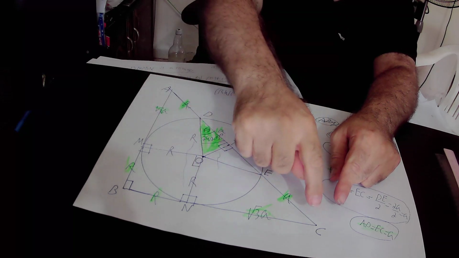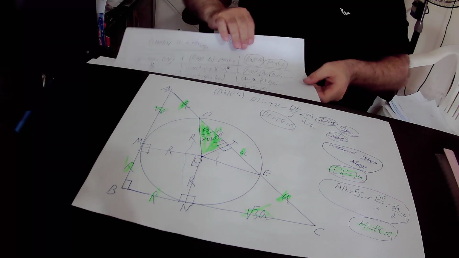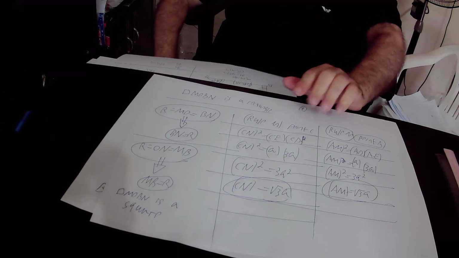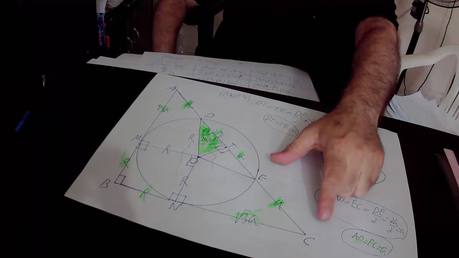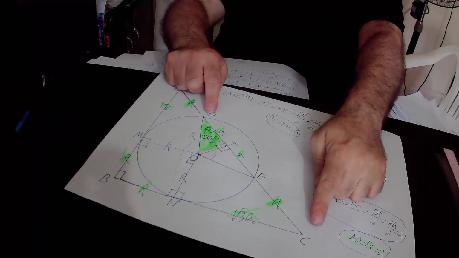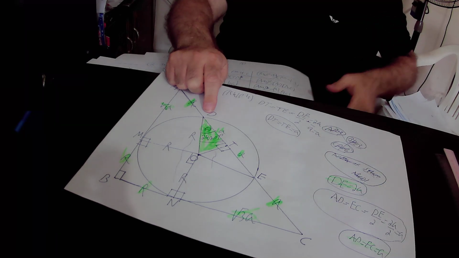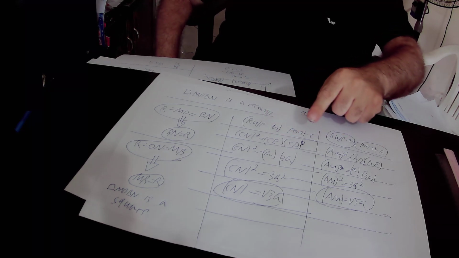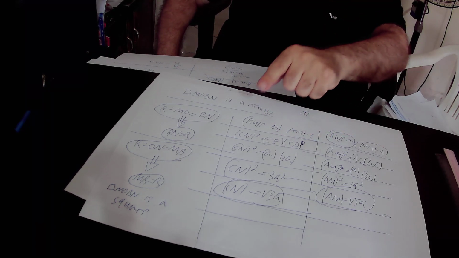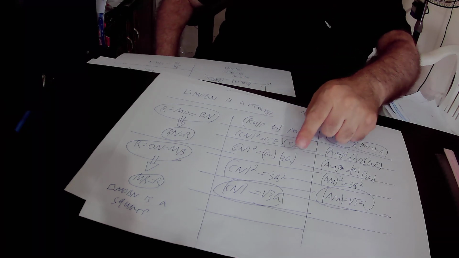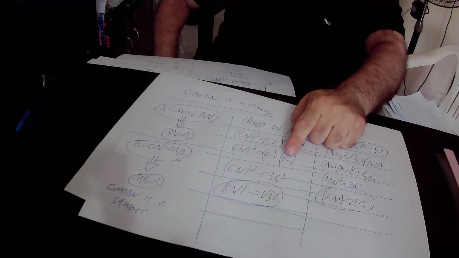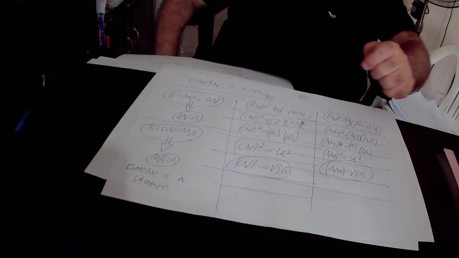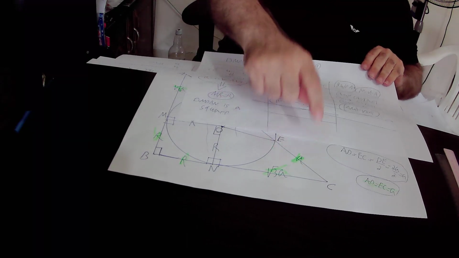CE is A, CD is A plus A plus A, that is 3A. So substituting CE by A and CD by 3A, we got that CN squared equals A times 3A, that is 3A squared. We took the root of this equation and found out that CN equals the square root of 3 times A.